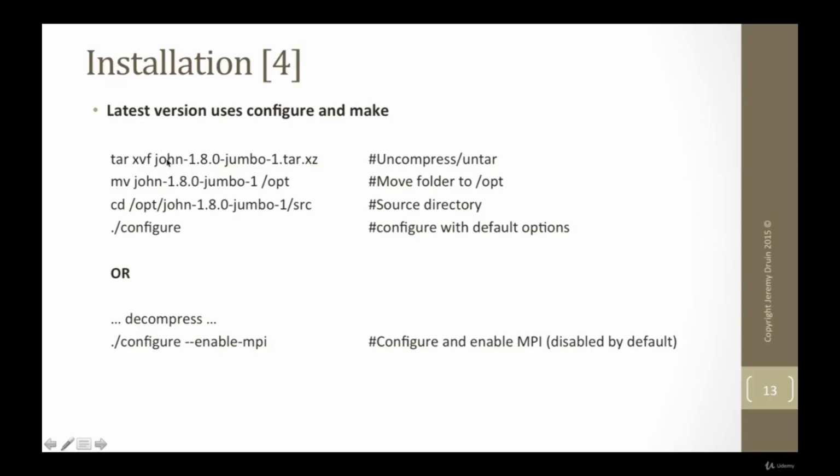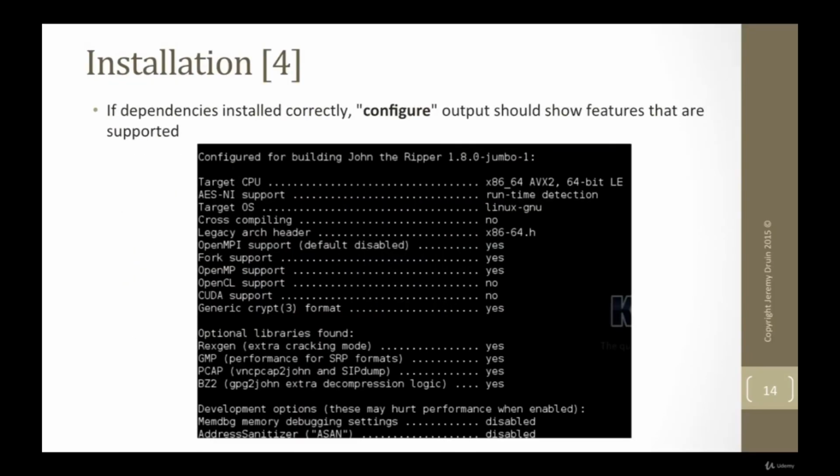Otherwise, do the same decompress steps seen here, change into the directory, and then do ./configure --enable-mpi to enable the MPI support, the multiple processor support. But if you're going to use MPI support, don't forget the step we talked about earlier where you install the dependencies that are needed for that.